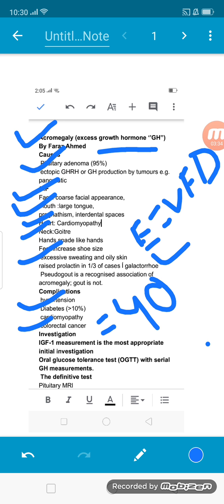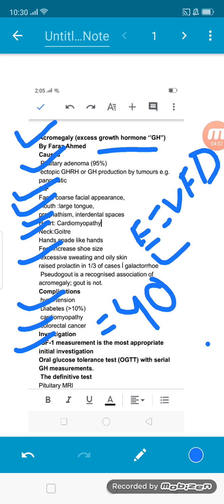Let's talk about the investigations. One of the initial investigations is IGF-1. This factor is produced from the liver under the influence of growth hormone, and because it has a long half-life, it is important to measure it; the major functions of growth hormone are actually performed by this protein. Then we have the oral glucose tolerance test, which I think is the most accurate test in acromegaly.